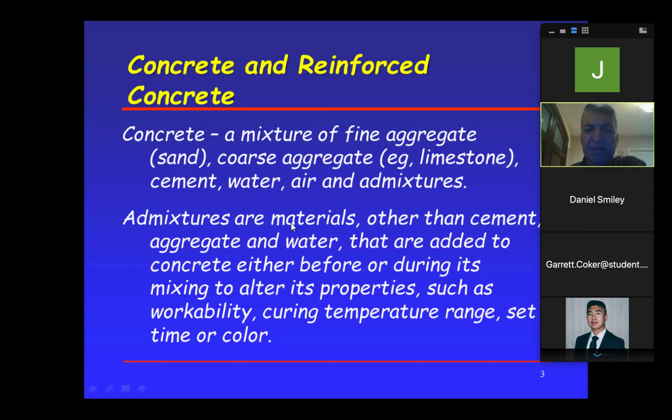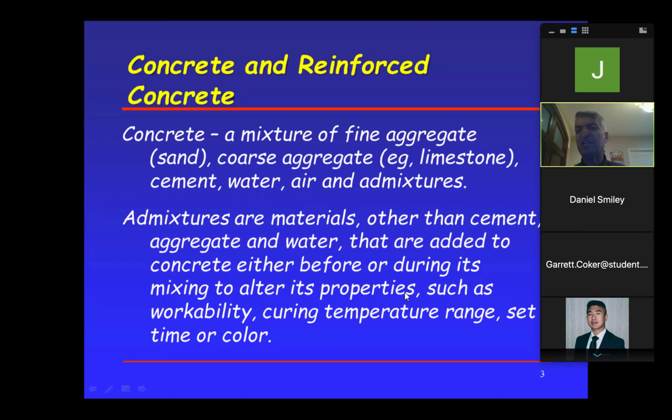So admixtures are materials other than cement. See that? They're not cement, they're other than cement, aggregates, or water. They're something different from all these, added to the concrete either before or during its mixing. You know, either when it's being mixed at the ready mix, or while they're mixing it on the side, to alter its properties.